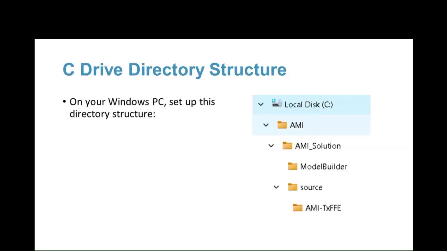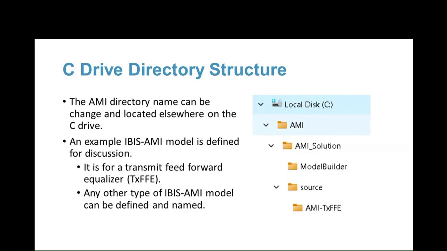So here it is. On your C drive, on your Windows PC, set up an AMI directory with a subfolder called AMI Solution, subfolder of that called Model Builder and Source, and under Source it'll be AMI-TXFFE.